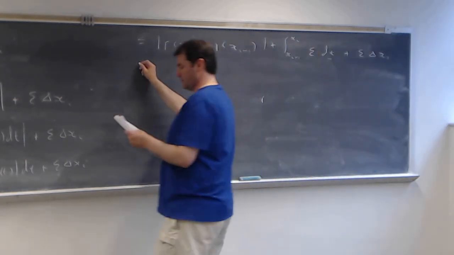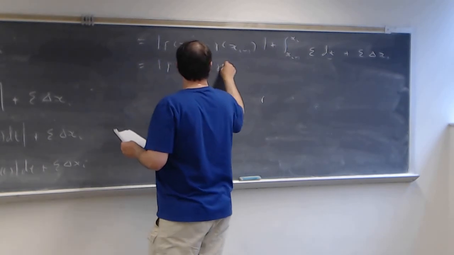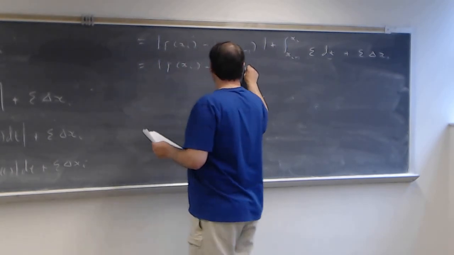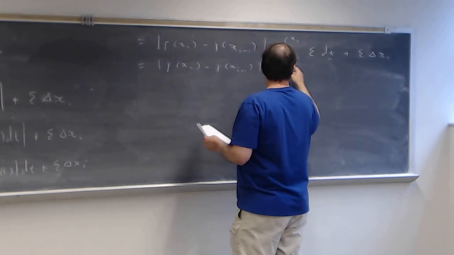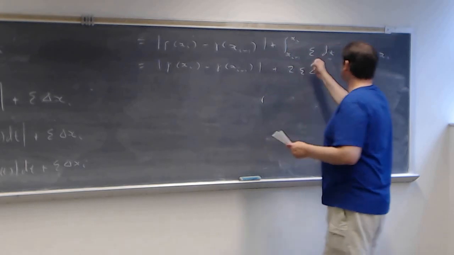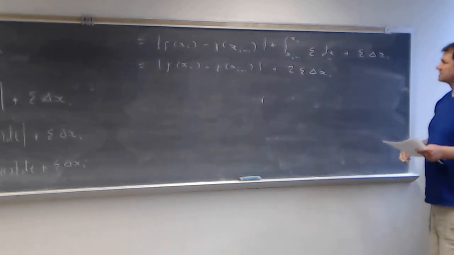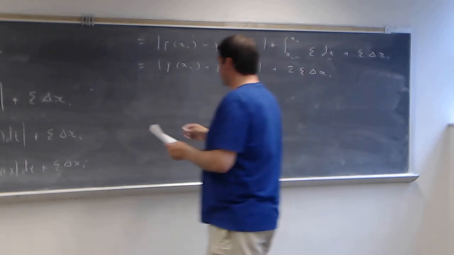And so this is equal to gamma of x sub i minus gamma of x sub i minus 1 plus 2 epsilon times delta x sub i, because this integral is nothing more than epsilon times delta x sub i, because epsilon is a constant with respect to t.